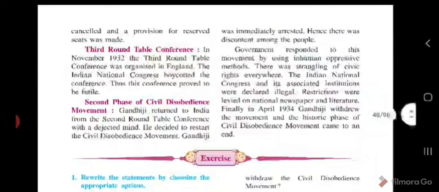The Indian National Congress and its associated institutions were declared illegal. Civic rights were withdrawn. Many restrictions were imposed on national newspapers and literature. Finally, the movement was withdrawn by Gandhiji in April 1934.